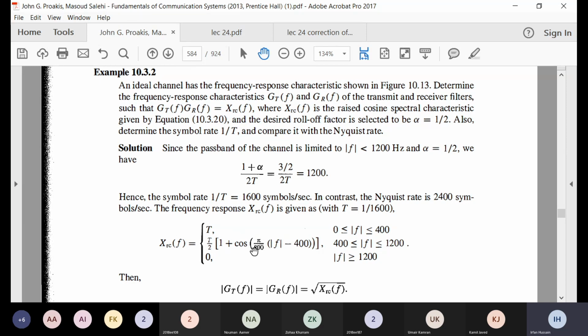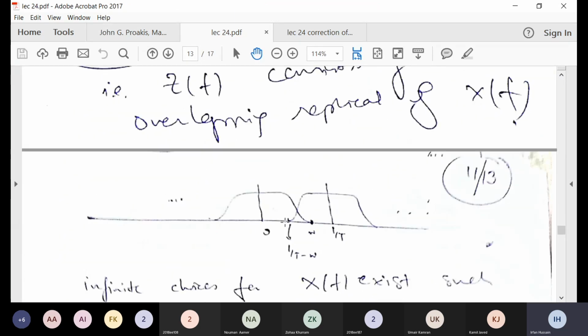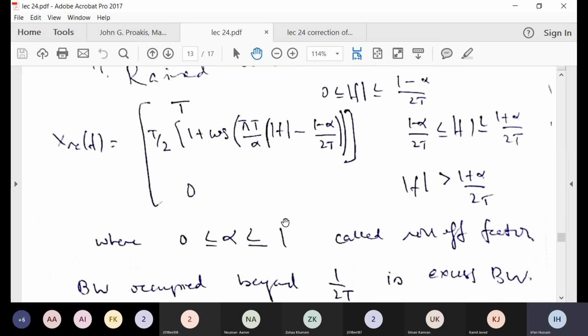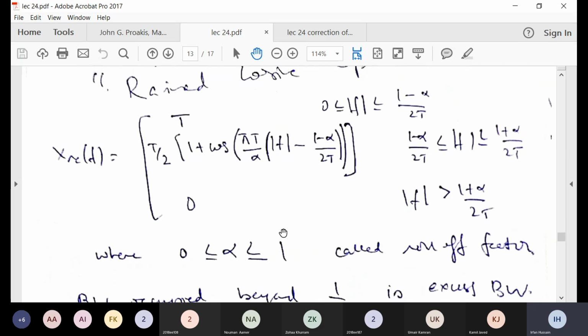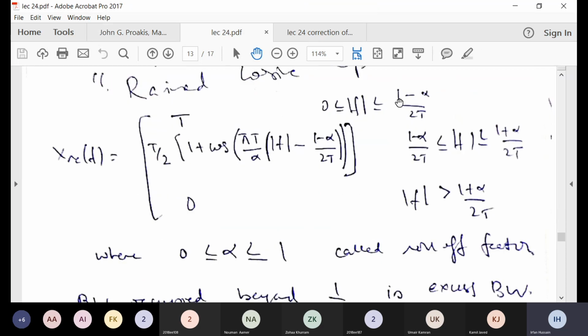So the raised cosine function was actually, you can see, substitute the value of alpha everywhere, and you will get the raised cosine plot for your problem. So alpha is substituted as half. Once you put half, this becomes 1 minus half, this becomes half, this becomes 1 over 4T, and then you know what 1 over T is.